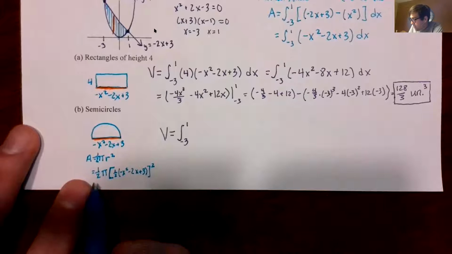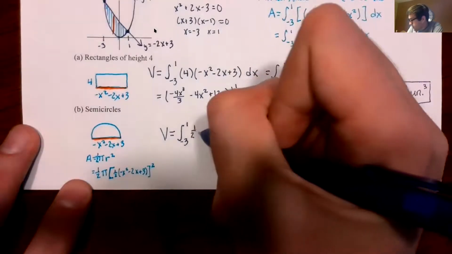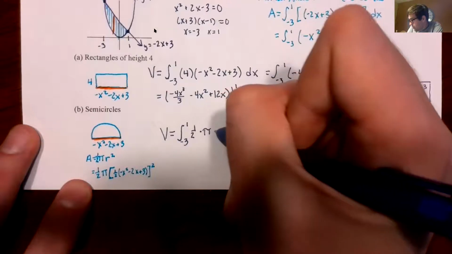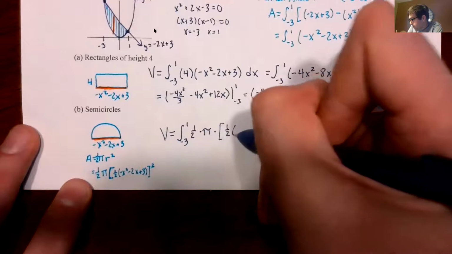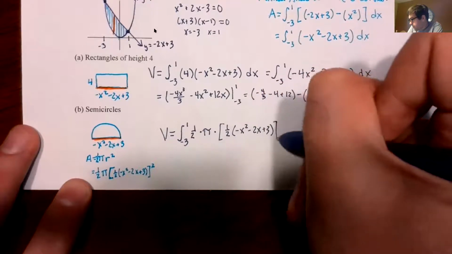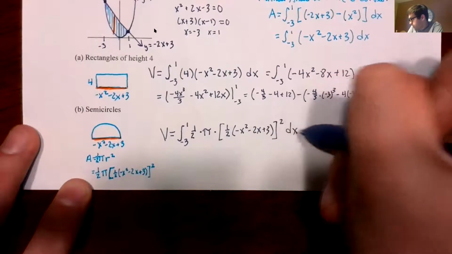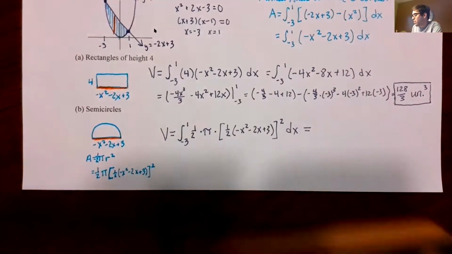And the area is going to be this half of a circle's area. So it's going to be 1/2 times pi times bracket 1/2 of -x squared minus 2x plus 3, squared dx. Okay, so again, I'm going to do that on the calculator.